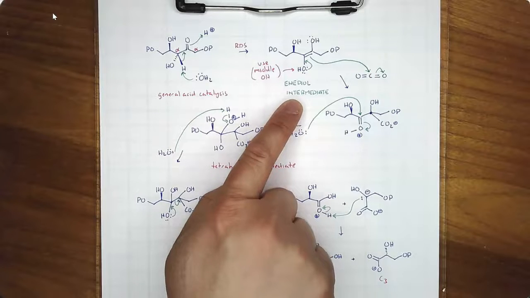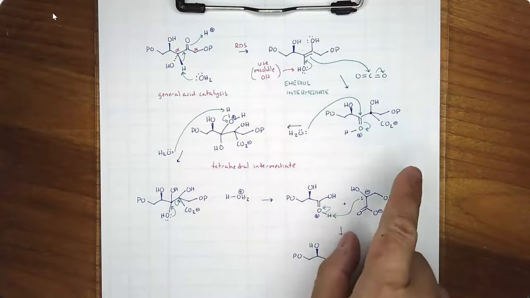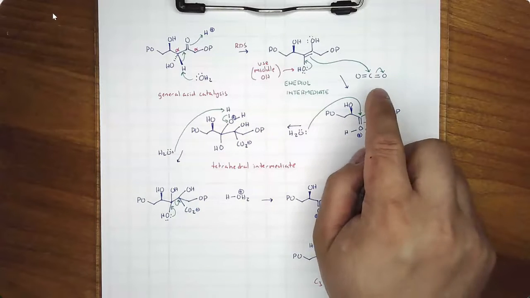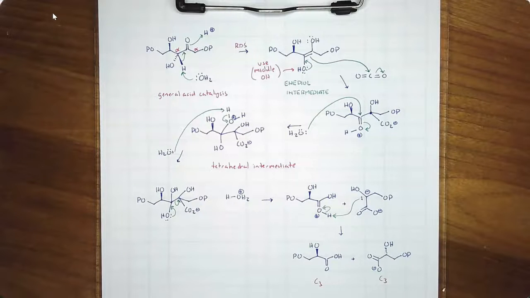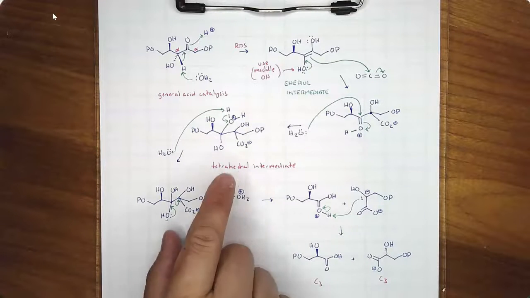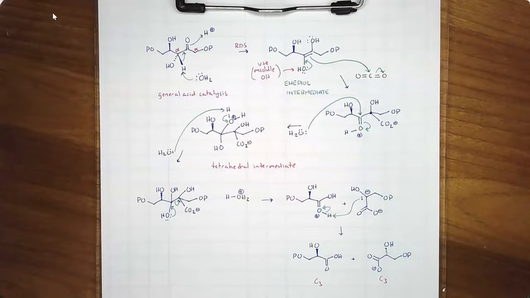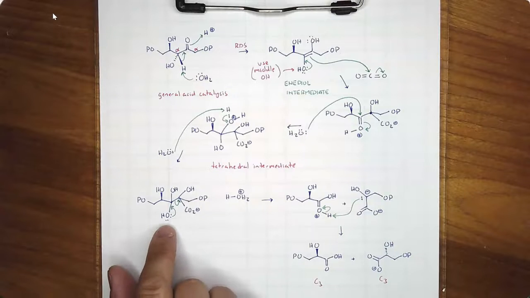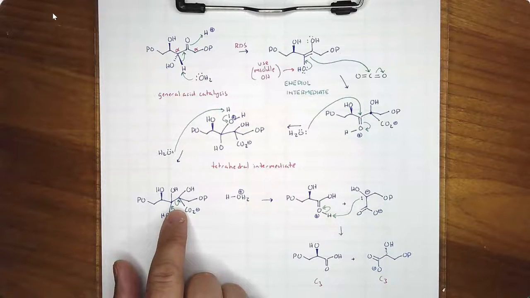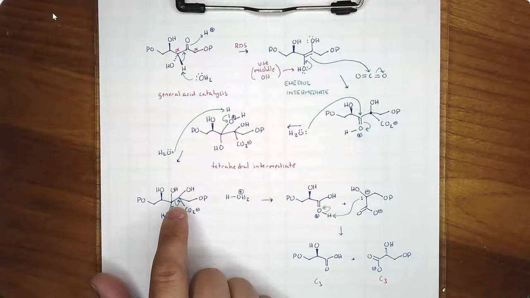And that enediol is the intermediate that incorporates the carbon dioxide. We do form a tetrahedral intermediate, in this case after the 3rd step. And then we do a couple of proton transfers, and at some point we're going to remake the carbonyl to kick out or to break this bond over here.